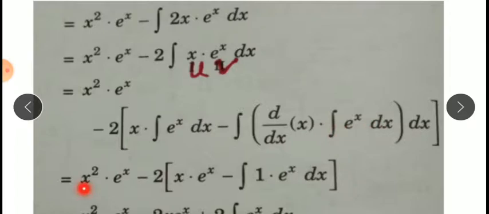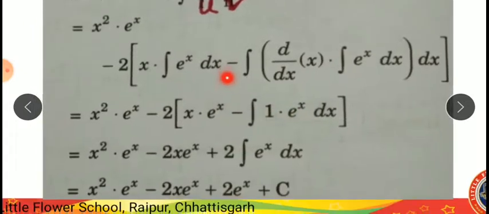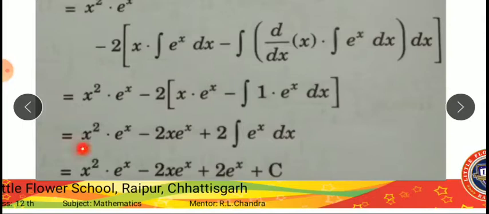That is x square e raised to x minus 2 under bracket x e raised to x minus integration of 1 into e raised to x, which is equal to x square e raised to x minus 2x e raised to x plus 2 integration of e raised to x. Integration of e raised to x is again e raised to x, plus constant of integration. This is the required integration.